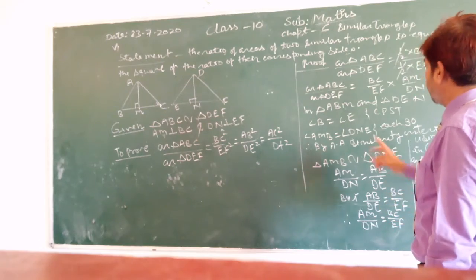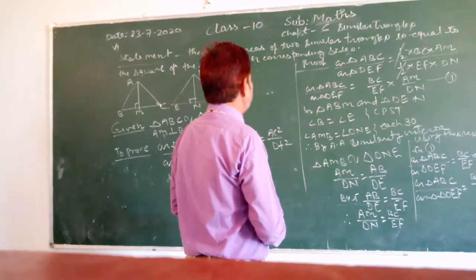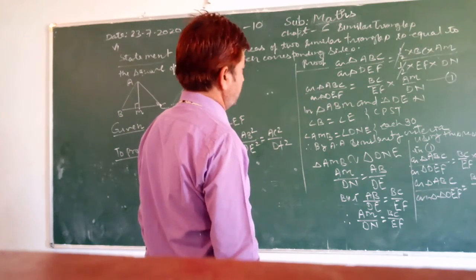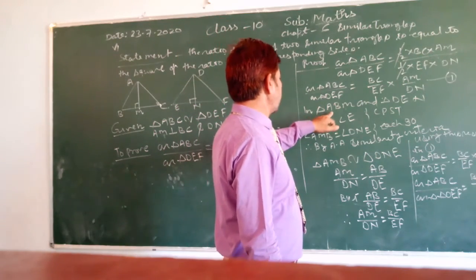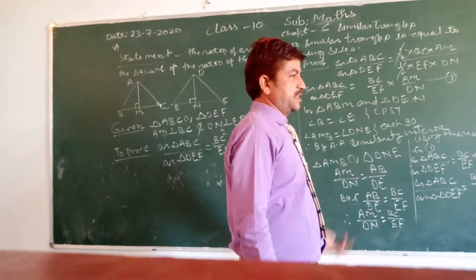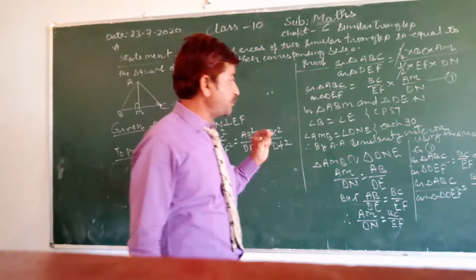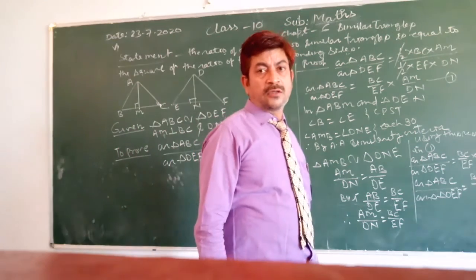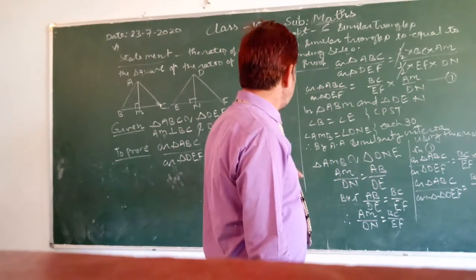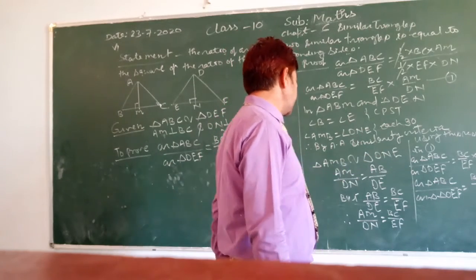For this, we have to prove triangle AMB is similar to triangle DNE. So we consider two triangles ABM and DEN. Angle B equals angle E by similarity, being corresponding angles of two similar triangles. Therefore, by AA criteria, triangle AMB is similar to triangle DNE.